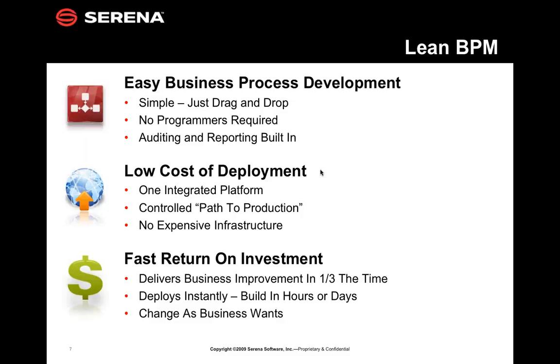Now, this all once again leads to fast return on investment. We see across the board organizations that deploy lean business process management report that conservatively they are able to deploy things in a third of the time that they've done before, that they can build things quickly and deploy them in hours or days, and finally that as things change, as needs change, as processes mature, they can update those things on the fly without consulting projects, without additional development.